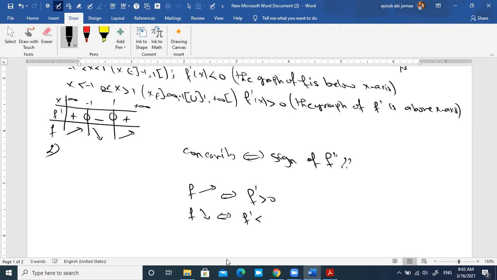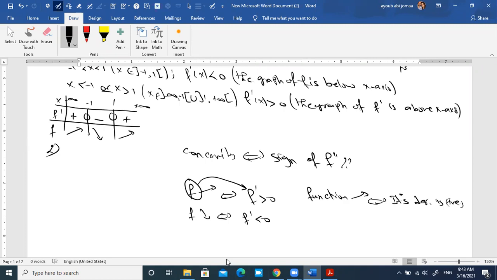Okay, and here you need to understand and focus: you have a function increasing, its derivative will be positive. Let's write it in words. A function increasing means that its derivative is positive.